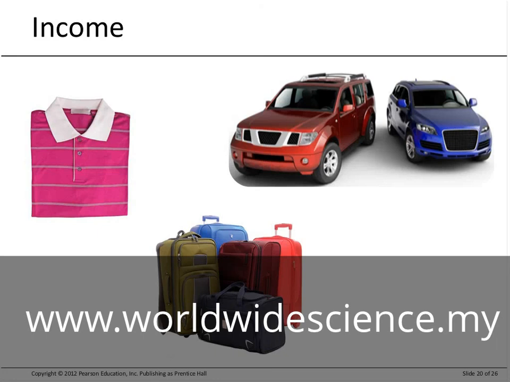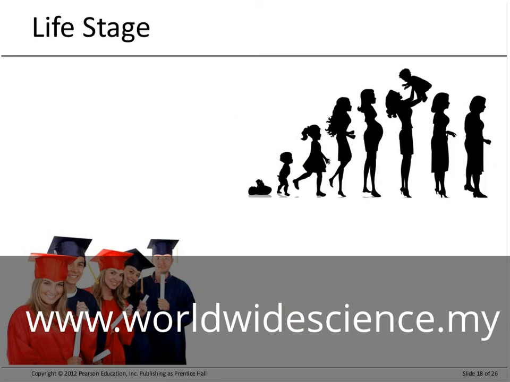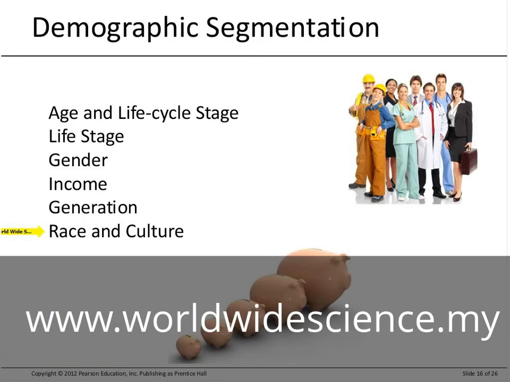Yes, demographic can be a part of geographic, but in some books we separate these two. Because you asked, demographic is related to age, life stage, gender, income. All of this can be related to geographical location, but some things are not.